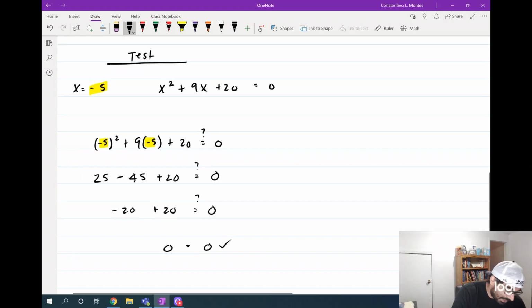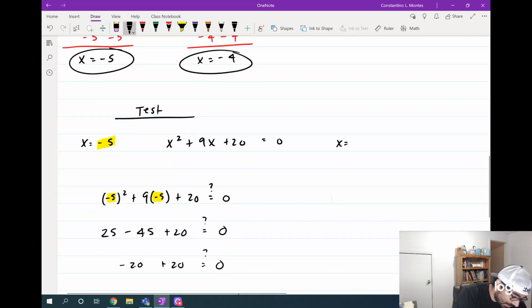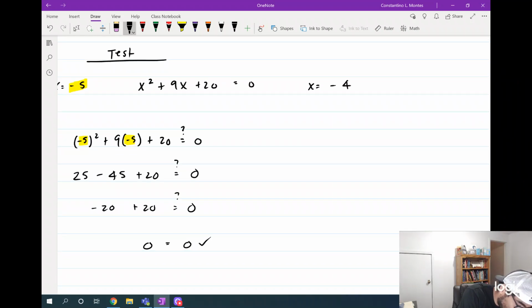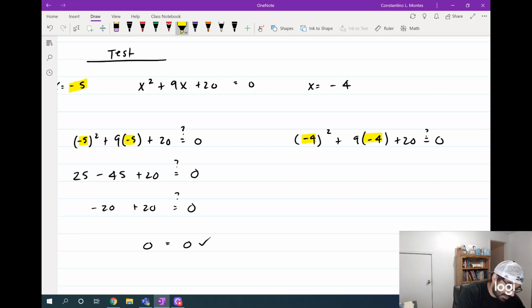So what about the other one? Let's try the other one. Let's try x equals, what was it again? Negative 4. Does negative 4 work? Let's try it out. Negative 4 squared plus 9 times negative 4 plus 20. Does that equal 0? And I'm going to highlight what I substituted in for x.